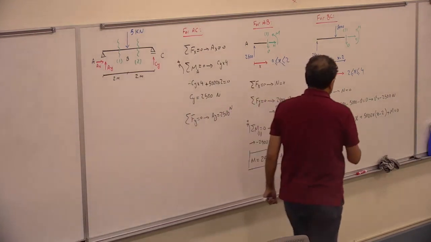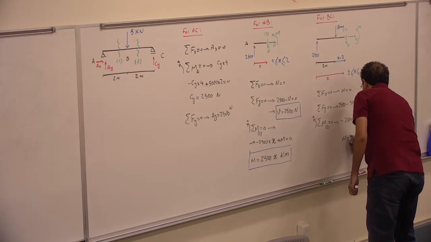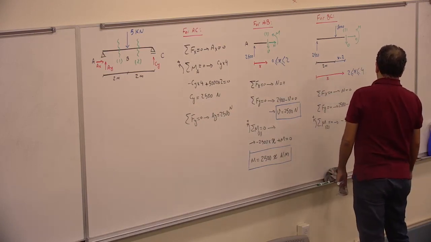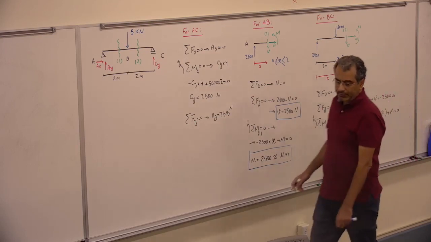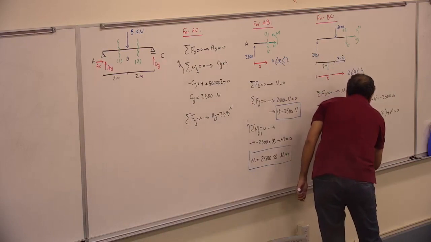It should come out as M equal to 10,000 minus 2500x.